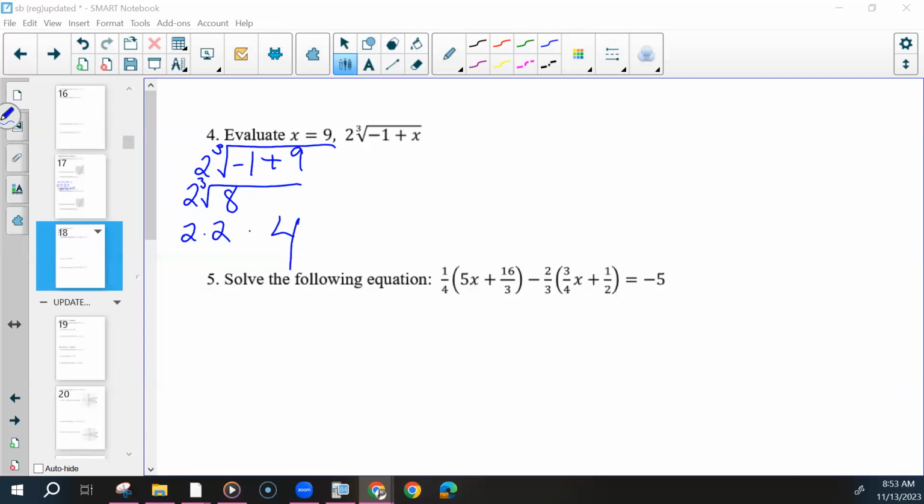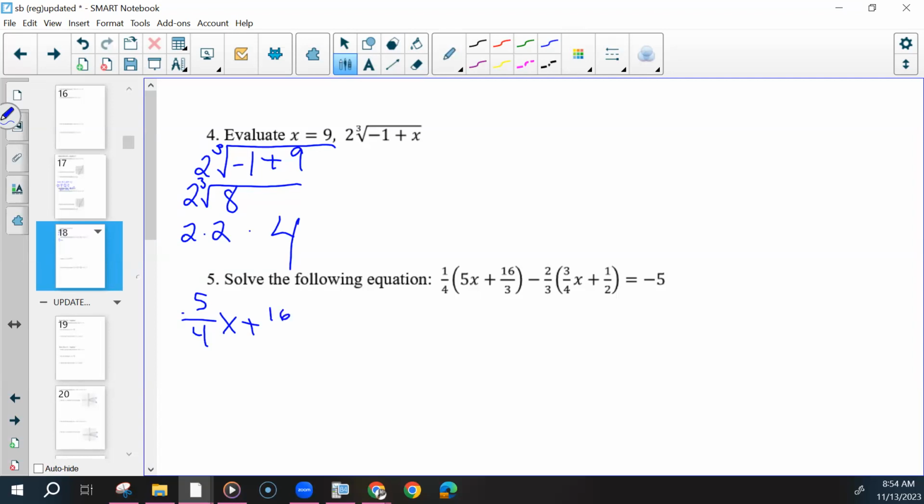Then for the last one, we needed to distribute the 1/4 to everything there, the negative 2/3 to everything there. So sorry, it would be 5/4 x plus, I'm just going to multiply it as it is, and then we'll simplify it, 16/12.